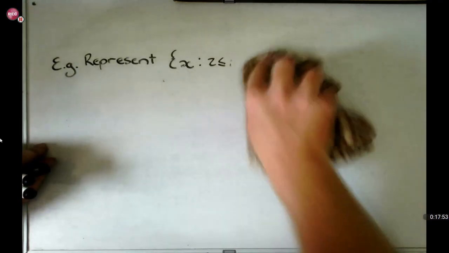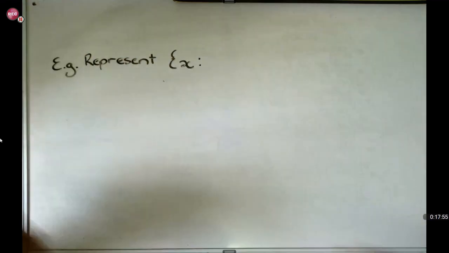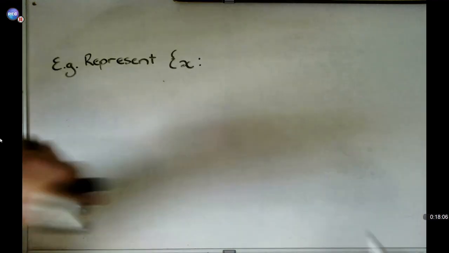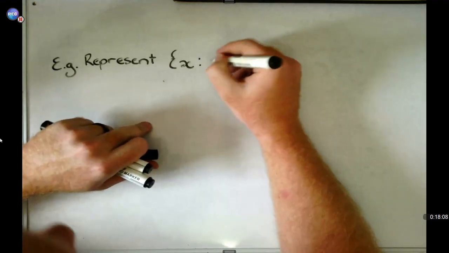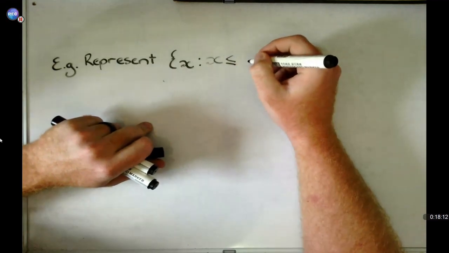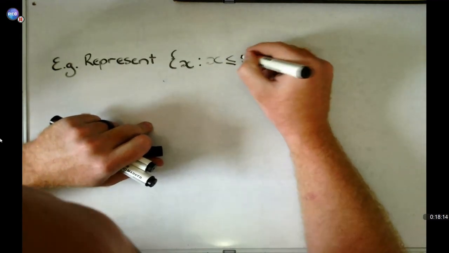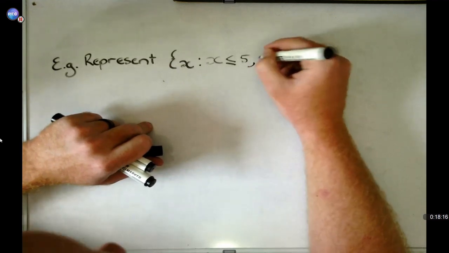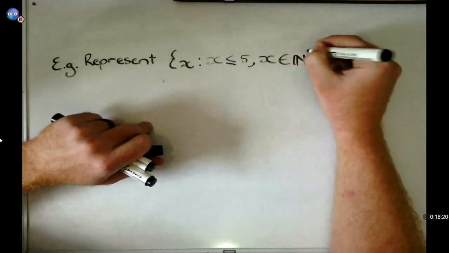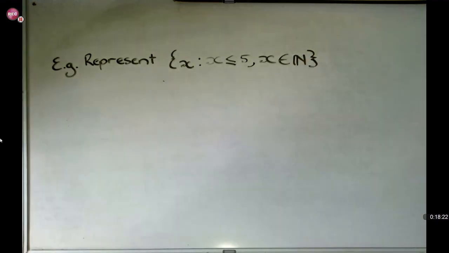Just going to do this. So, next question, we've got x and then we've got x, what do we have there? 5, oh, there we go. And then we have x, it's an element of natural numbers.